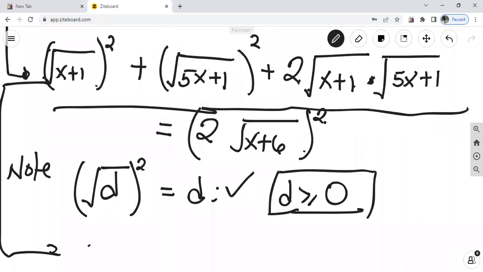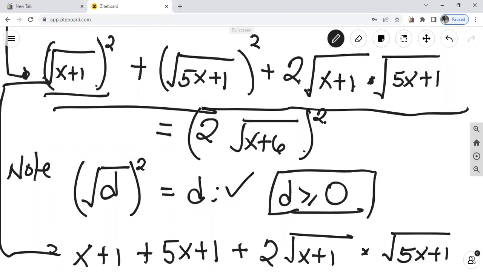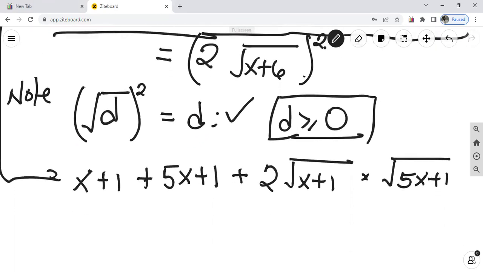So if I simplify, let's look at it. We have x plus 1, that is this. Next will be 5x plus 1, plus 2 square root of x plus 1 multiplying square root of 5x plus 1. And then it will be equated to the right-hand side of the equation, which, of course, the rule of indices allows the power 2 to affect this 2 and also affect this.